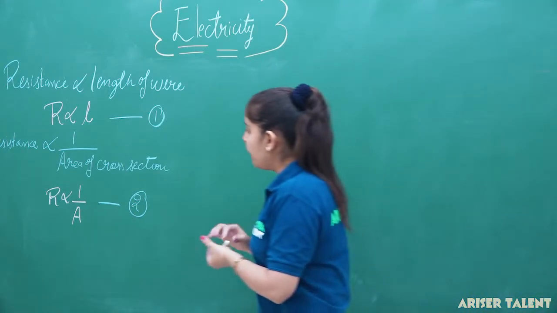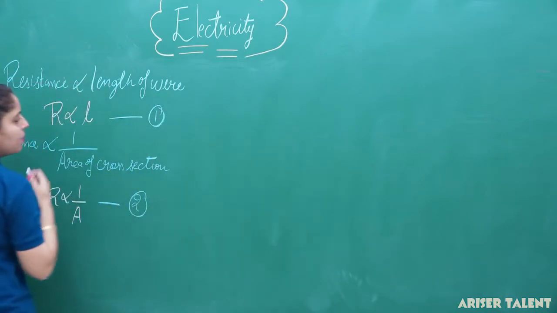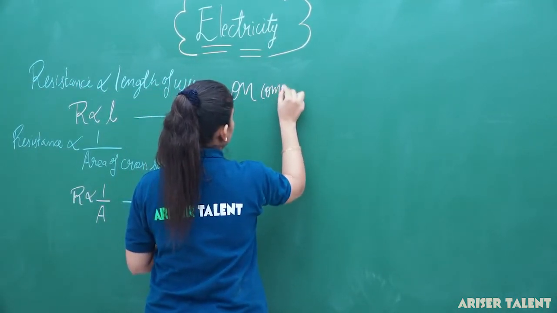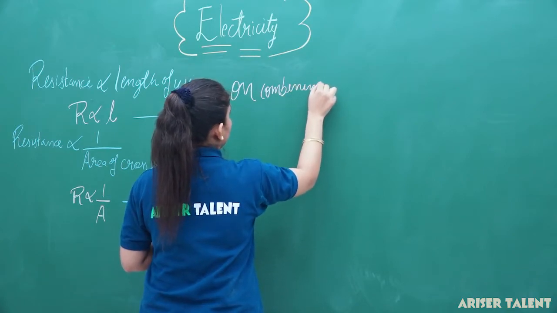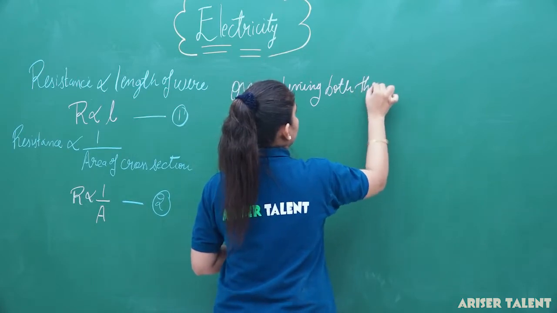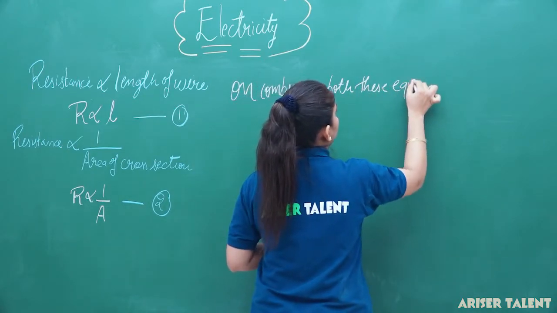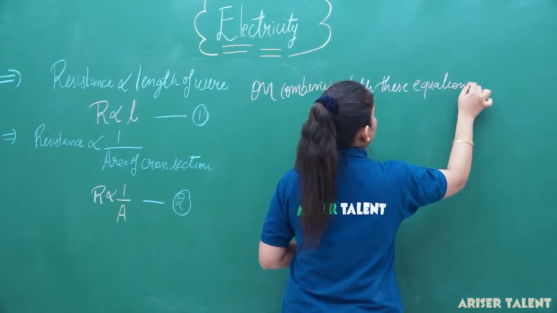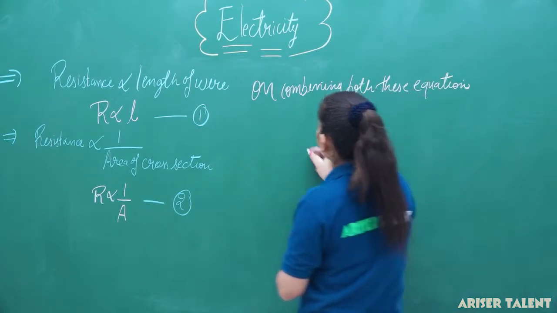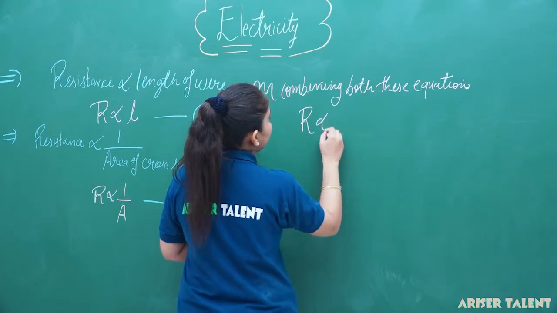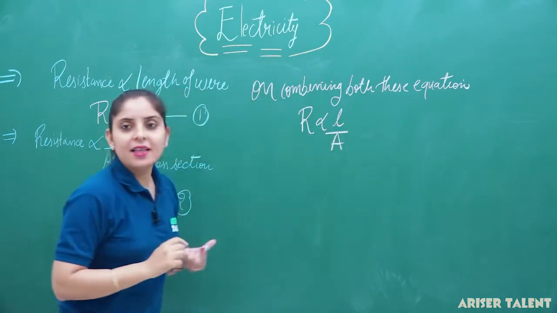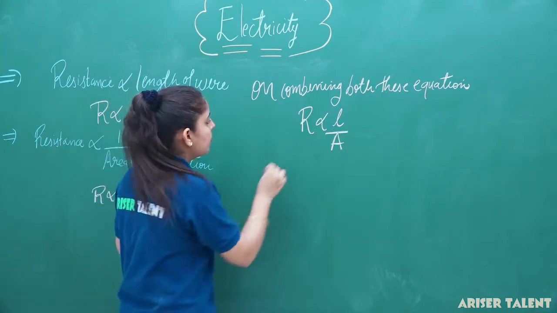On combination of both these equations, we will get that R is directly proportional to L and inversely proportional to A. You can see that we will get a new term here.